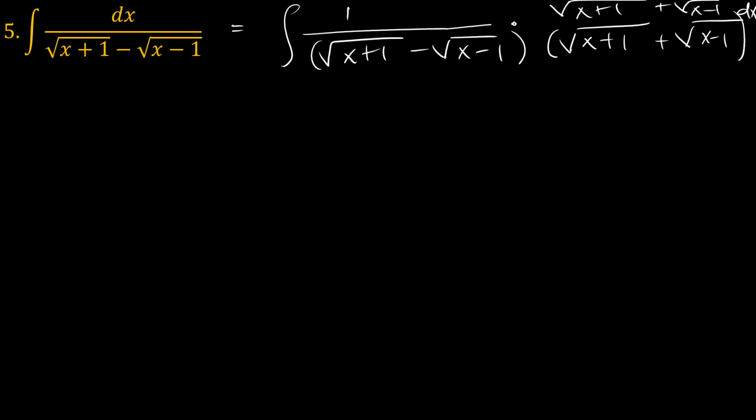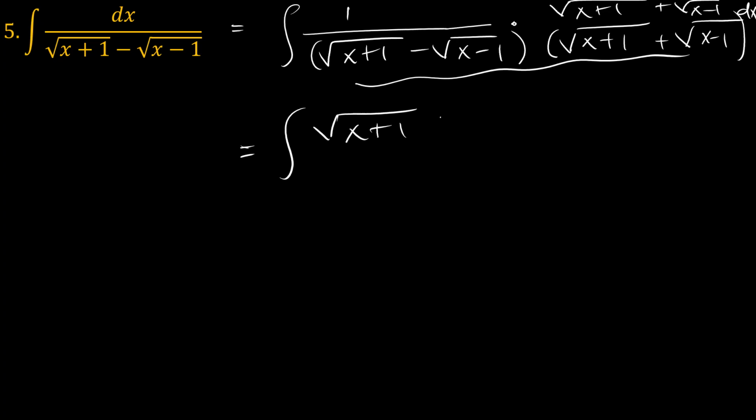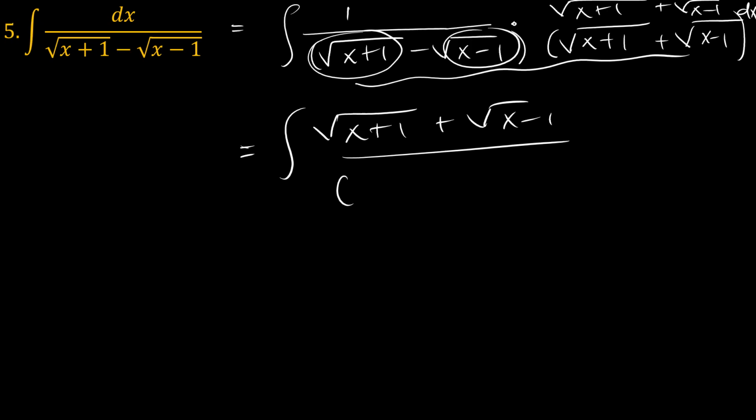Yeah, and since we have a difference of two squares in the denominator, this is the same as x plus 1 plus square root of x minus 1. So it's the same as this squared minus this squared. So we have x plus 1 minus x minus 1.